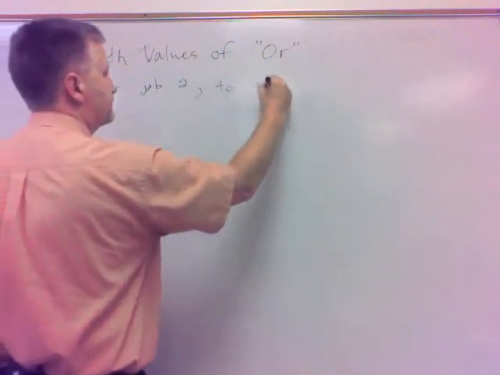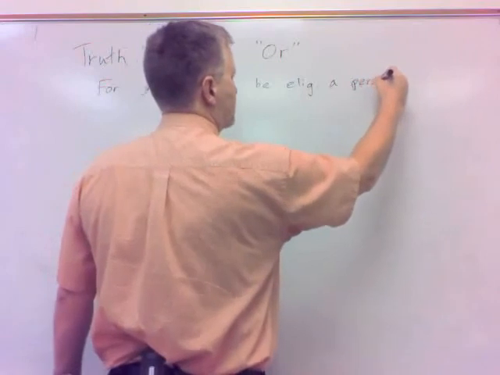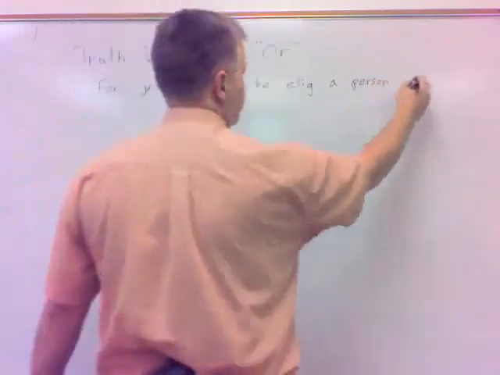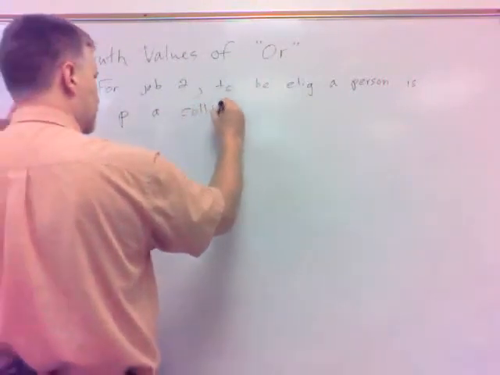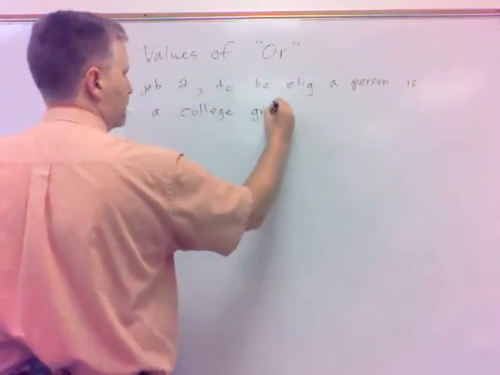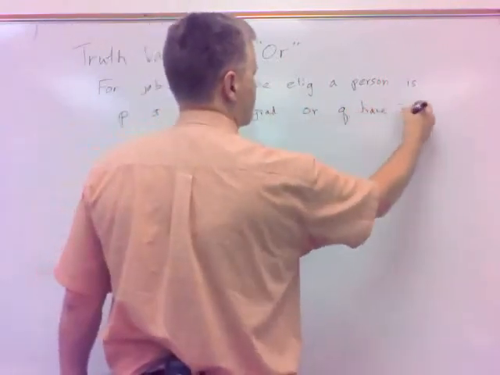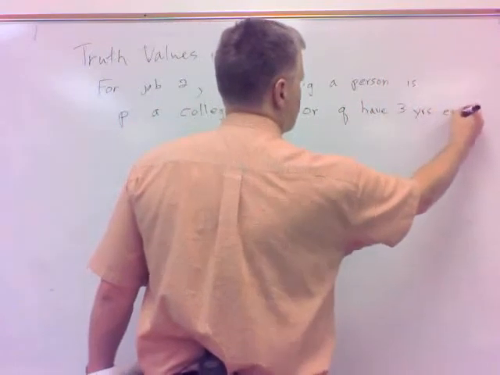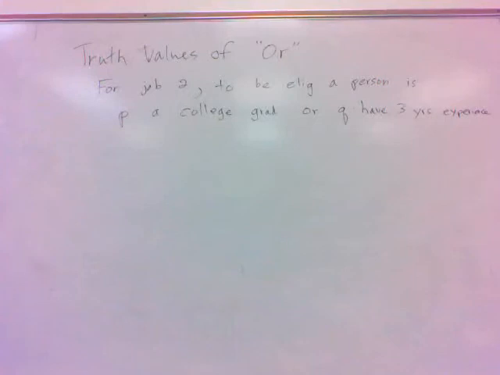To be eligible, a person must, let's just say a person is P, a college graduate, or Q, have 3 years experience. A little different, isn't it? So the person coming in either has to be a college graduate or have 3 years experience. That's a little different than the and, isn't it?